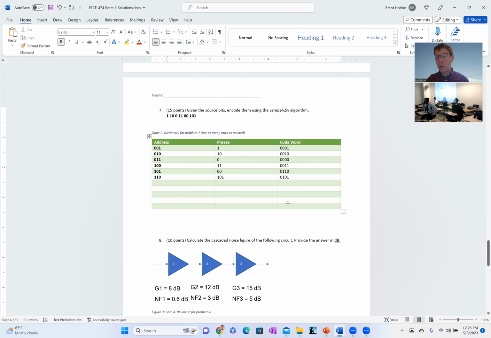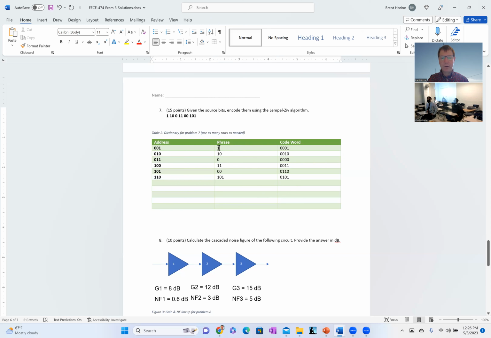Then to generate our code words, if we just have one digit here, then we're going to use an address of 000, right? So the first part of the code word, the left part of the code word, is going to be the address of the previous digits. Well, this has no previous digits. It just has one digit. So it's 000.